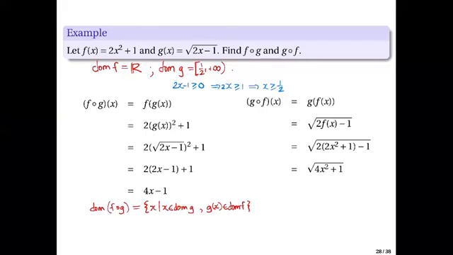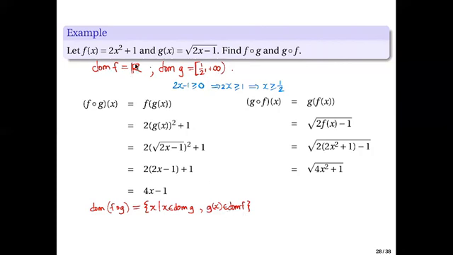So, let's look at the domain of F circle G. So you start with the domain of G, meaning your x must be coming from this. Okay? But now, you need the value of g of x to be in the domain of F. But look at this.